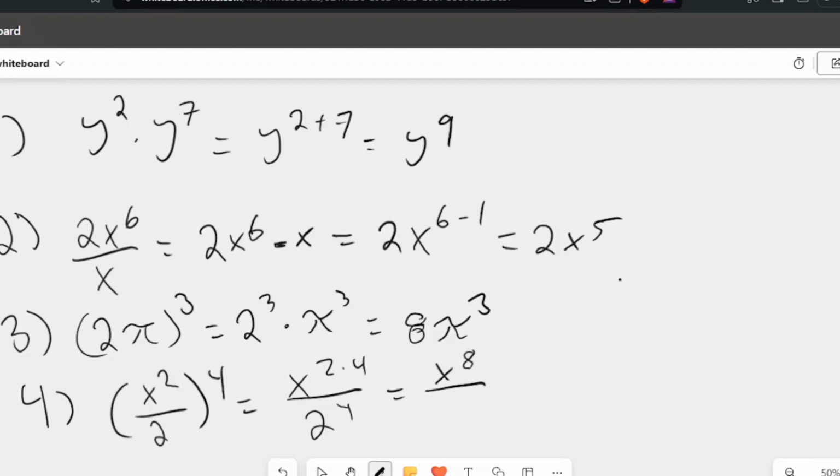And then 2 times 2 times 2 times 2 would be 16. Just like that.